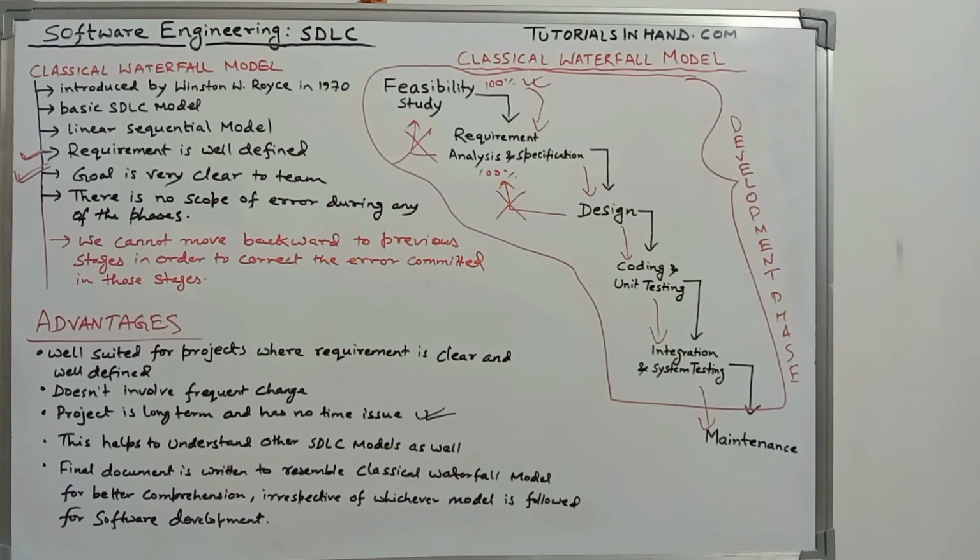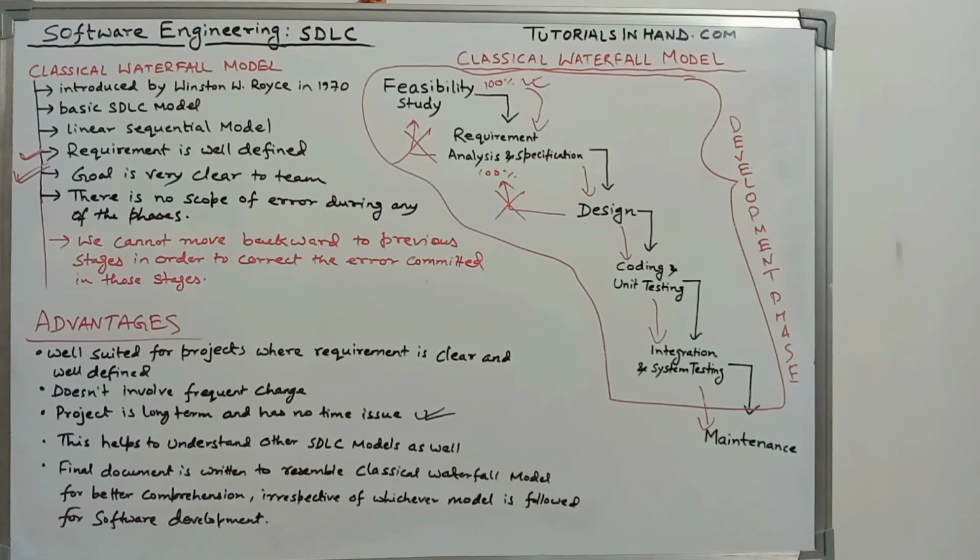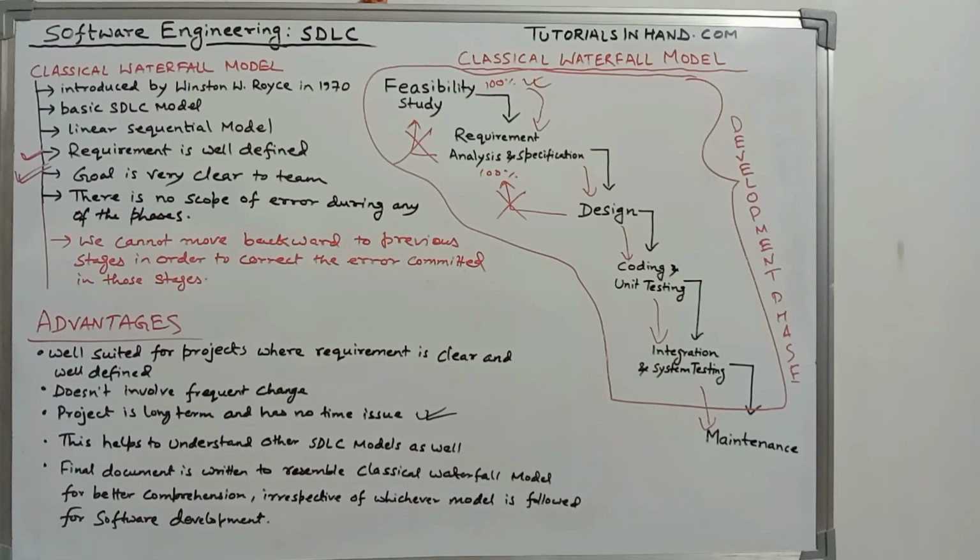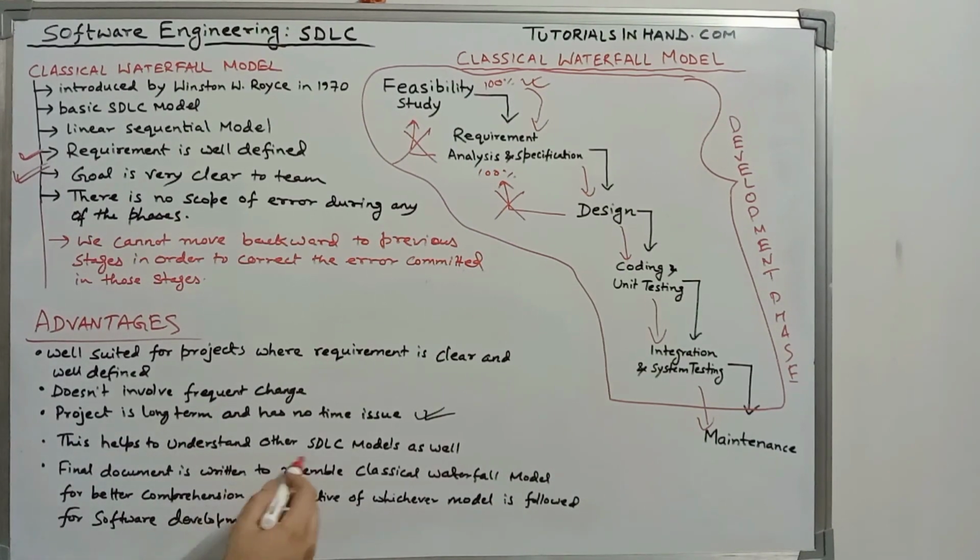You get a lot of time to perform one step very clearly and be 100% accurate that you have performed it with perfection and are now ready to move to the next stage, because we cannot come back and correct the error. So this is not at all possible, and this classical waterfall model becomes really important because it helps us to understand the other models very clearly.